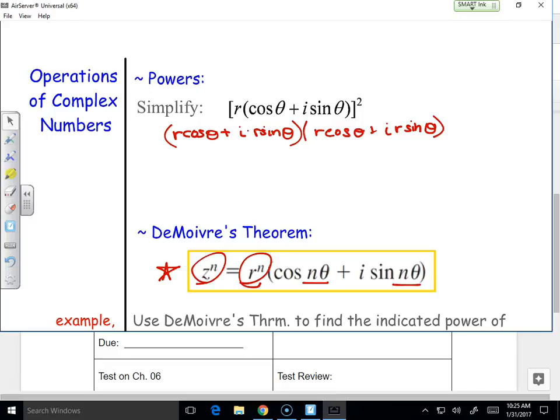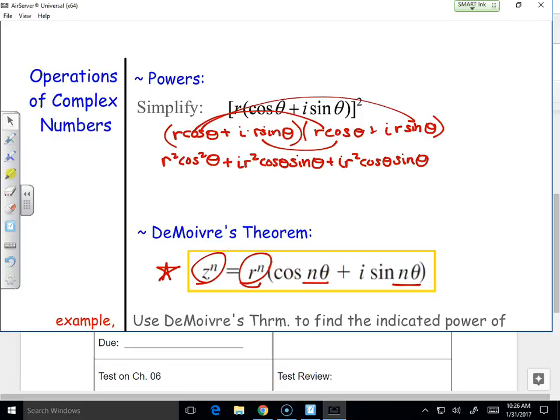How do you multiply two of these? So what's our cosine and our cosine? What's the outer and the inner? We're getting pretty fancy. Oh wait, there's two of them, right? Multiplying or foiling.